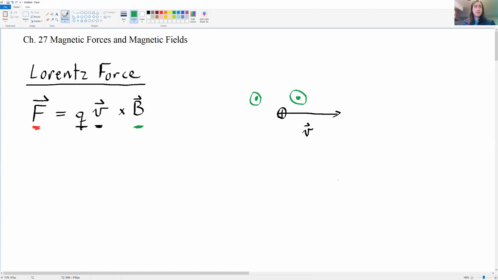Recall that the dots mean, this is out of the page, sorry. The dots mean out of the page and crosses mean into the page. And I'll go ahead and write that on the side here in a second. So this is our magnetic field, and it's coming out of the screen, right?